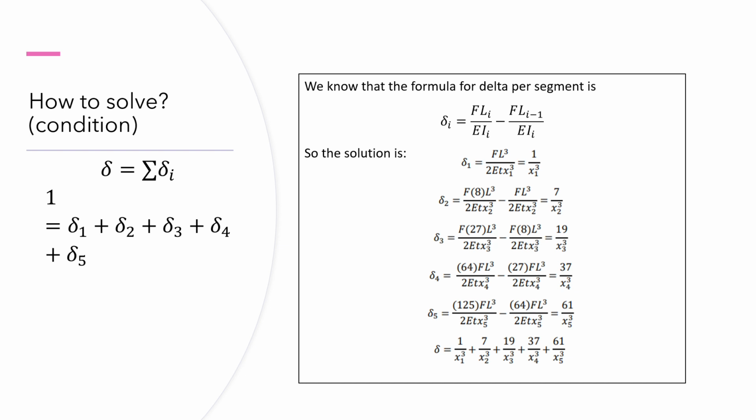So we already know that the condition is that the total deflection is equal or less than 1. I'm sorry, I have another typo here, but you know that it is equal or less than 1.